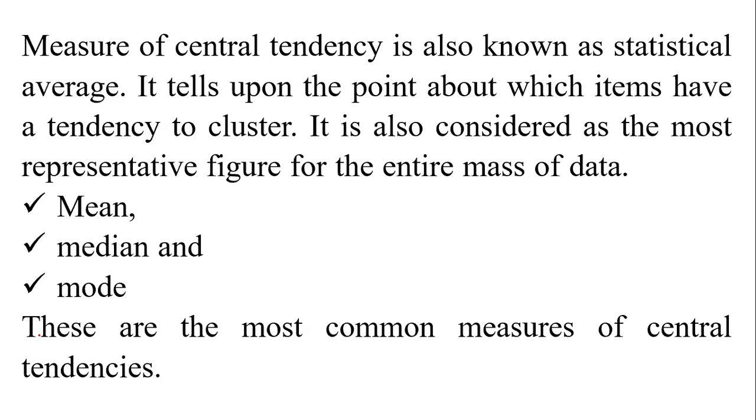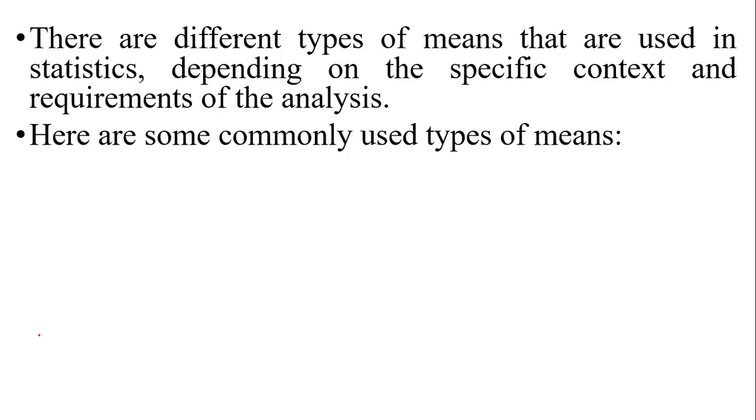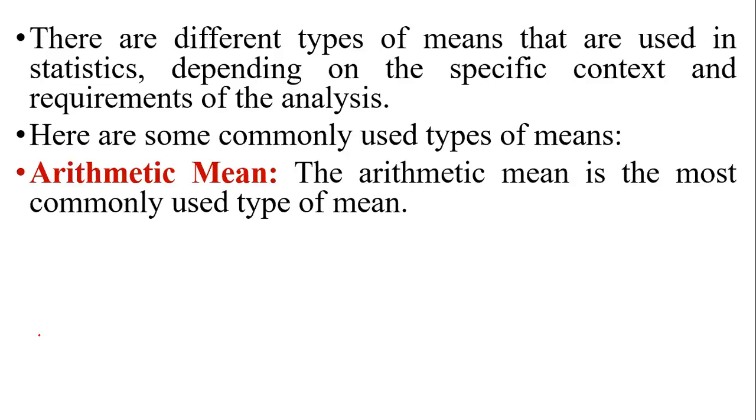You'll allow me now to start looking at each of them, and I will start with mean. There are several types of mean that are used in statistics. The commonly used types are, the first one, arithmetic mean.